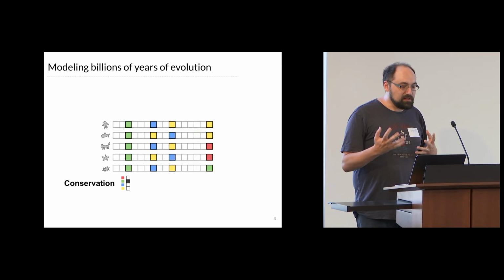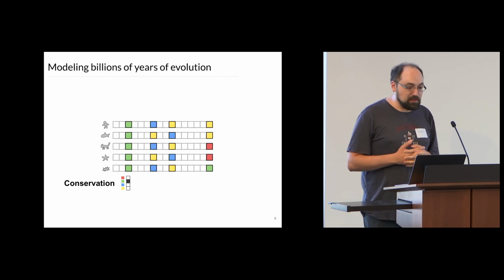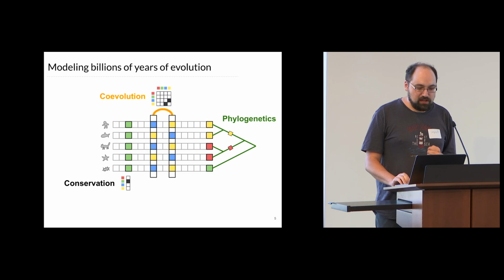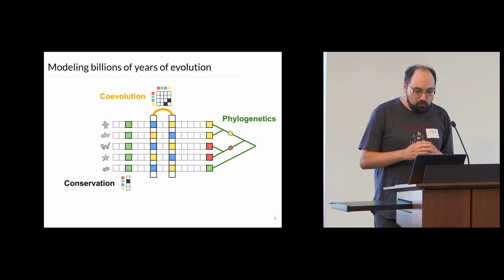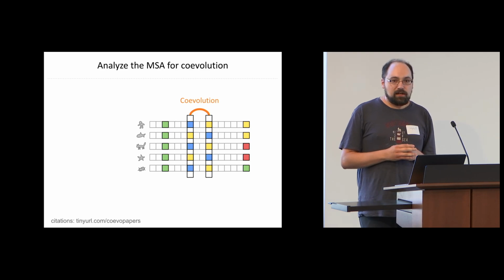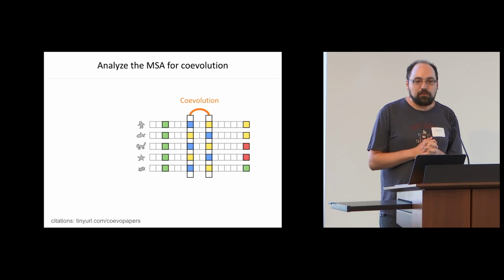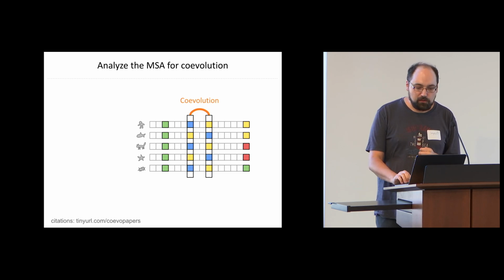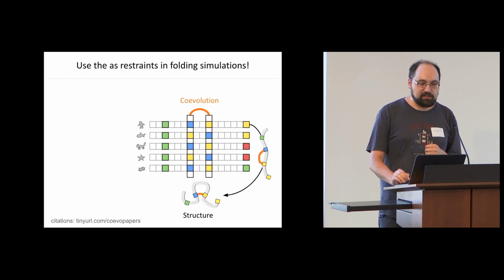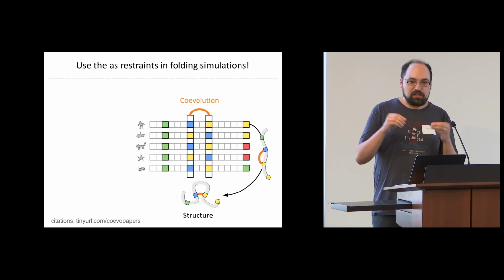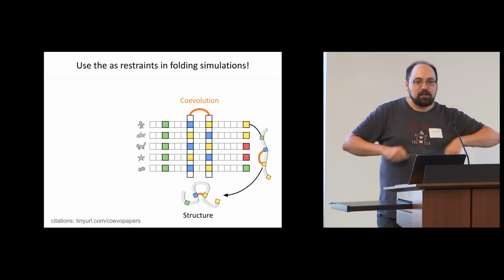Some of the things you could learn from these models are, as I mentioned, conservation, phylogeny, and coevolution. One example I'll be focusing on today is that one really powerful thing you can extract from this kind of data is coevolution signals. This is important because if you want to predict structure, the coevolution signal can tell you that two positions are close together in the structure.